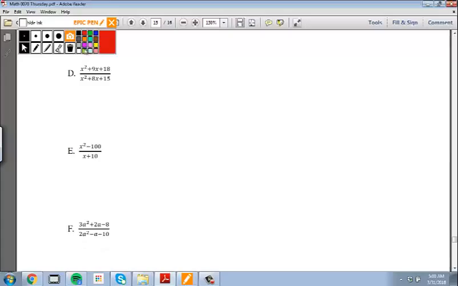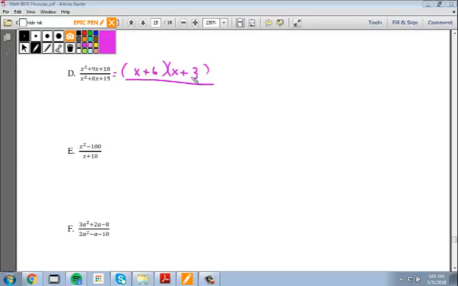Alright, so let's look at D. In D, I need to factor both the numerator and the denominator. So for the numerator, I need two numbers that multiply to give you 18 and add up to give you 9. So that would be a 6 and a 3. And then for the denominator, I need two numbers that multiply to give you the 15 but add up to give you the 8.